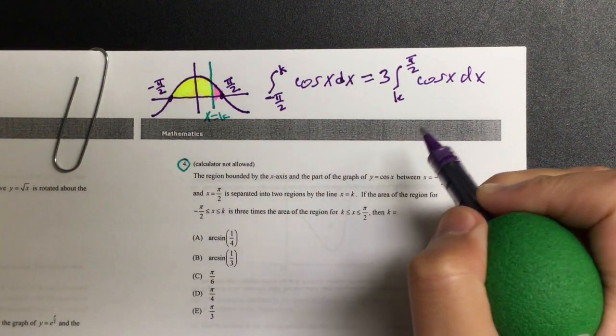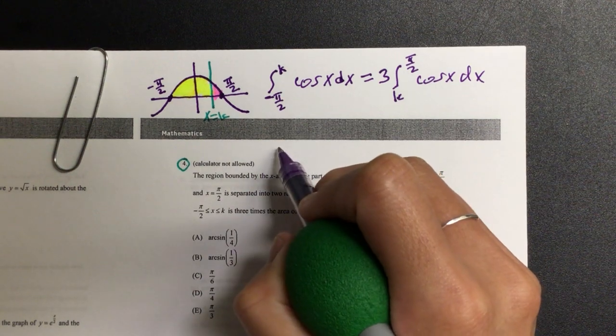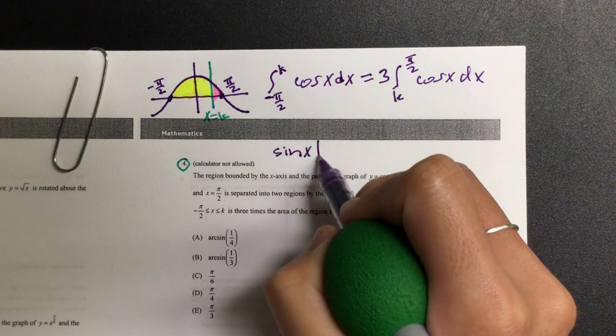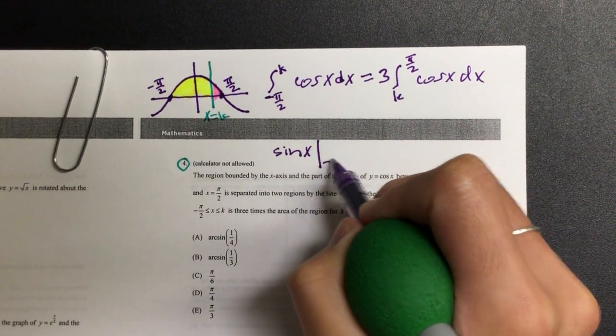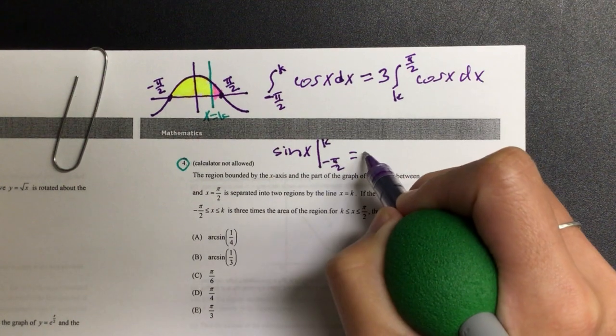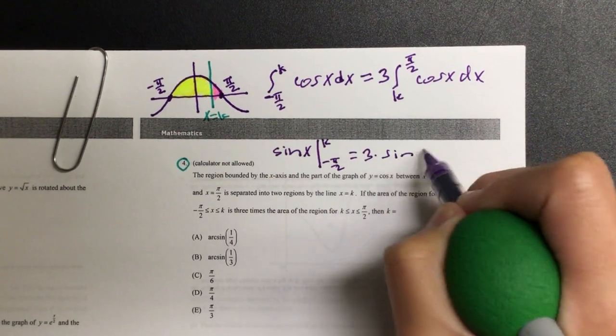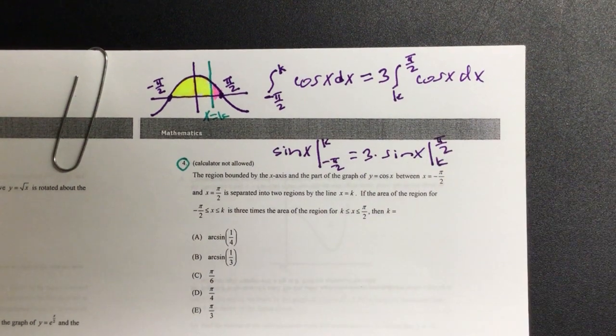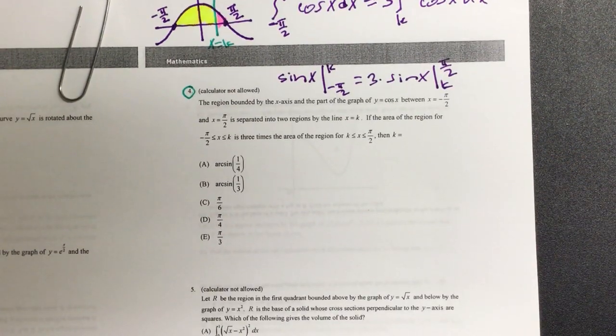So when I antiderive cosine, what does that give me? Sine. So we have sine of x, and we're evaluating from negative pi over 2 to k. This must be equivalent to 3 times the sine of x from k to pi over 2. So let's plug them in.